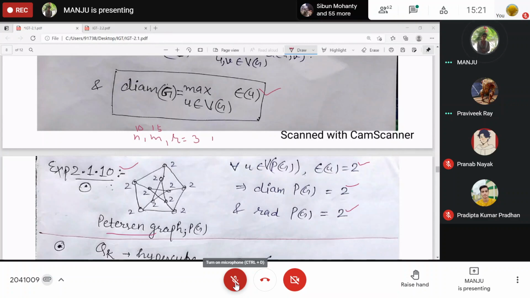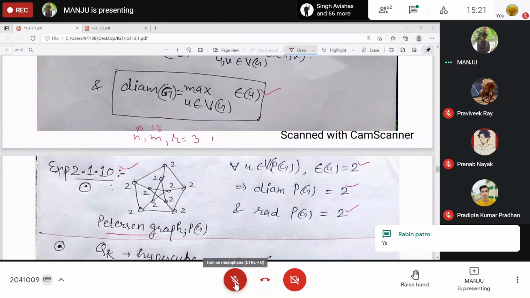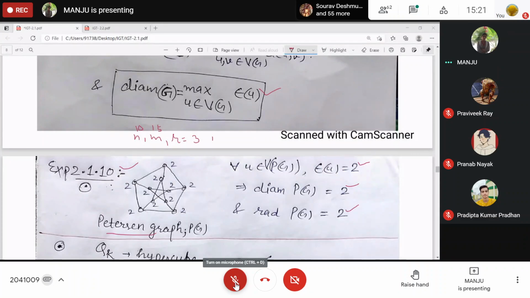Robin Patra, Sagar Das, Swarup Das, Nathan Patra, Sanskar Kumar Singh, Yes, ma'am.